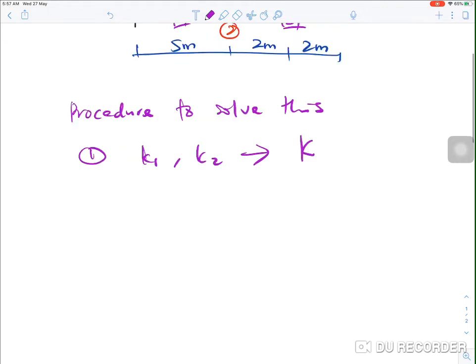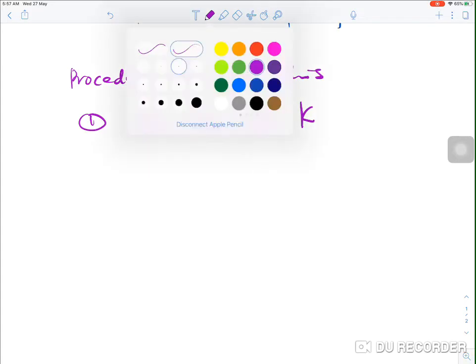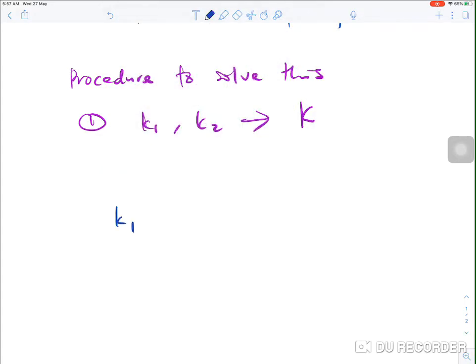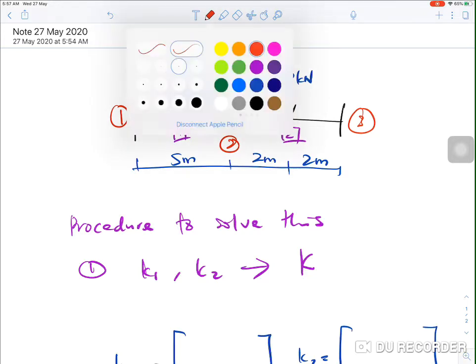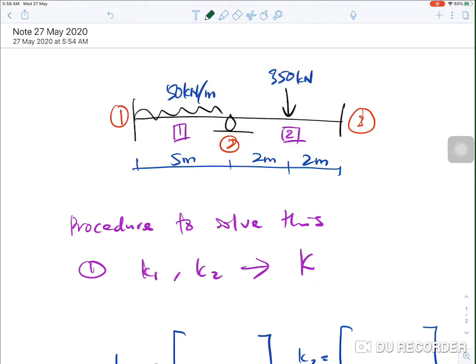Since there are 3 nodes, there are 6 total degrees of freedom. For K1 and K2, I don't want to discuss the answers in detail, but I want to highlight the degrees of freedom only. Looking at this, this is a constraint, this is also a constraint, this is also a constraint.